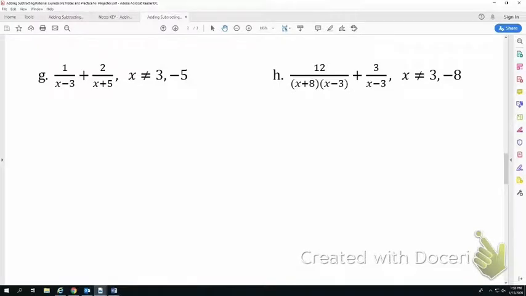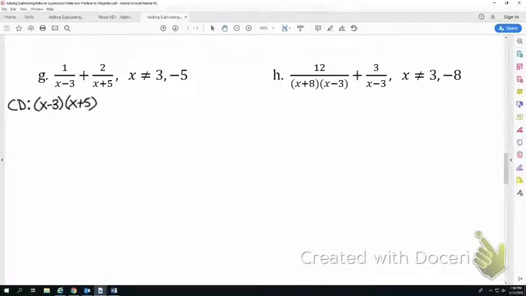All right, let's do G. Go ahead and get the problem written down. What is my common denominator going to be? Say that again, L. There you go.